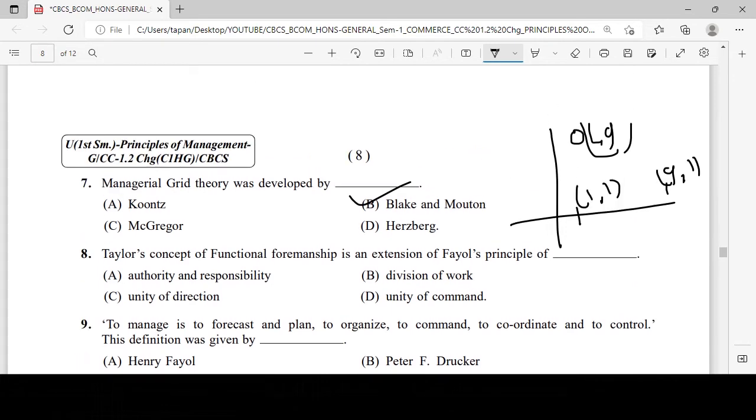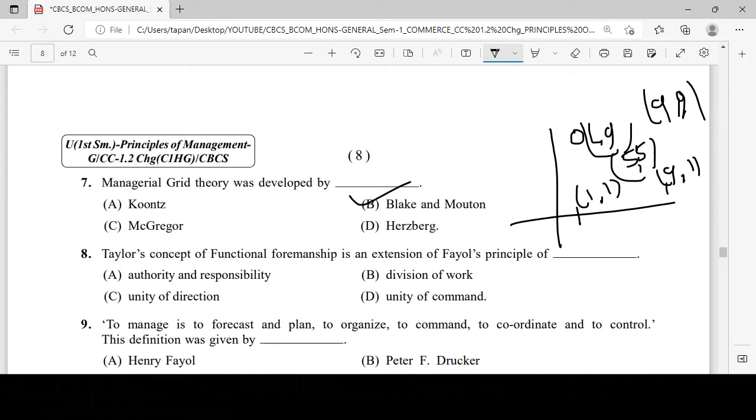And the last part is 5, 5, the middle part. Therefore this picture is a picture of the managerial grid, and the other part is 9, 9.